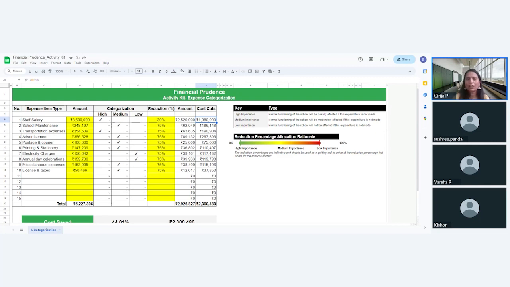Please download this or make a copy of it, and then do the resource allocation. Let's take 2 minutes and do the resource allocation for this month only. And please share what was your thought process when you are doing these deductions, and how much money you think you're going to save from it.